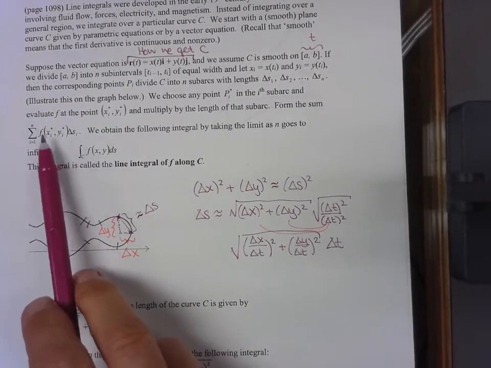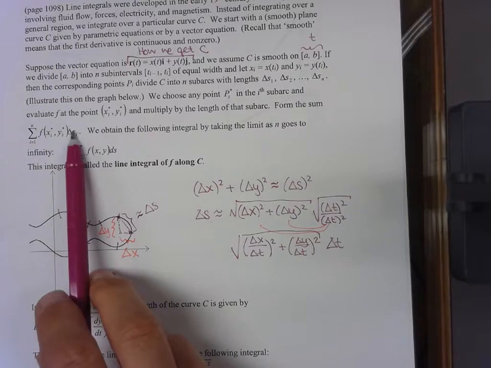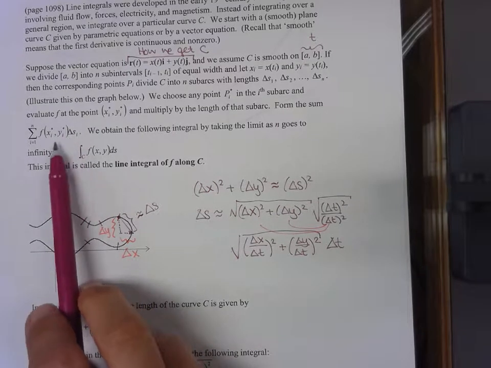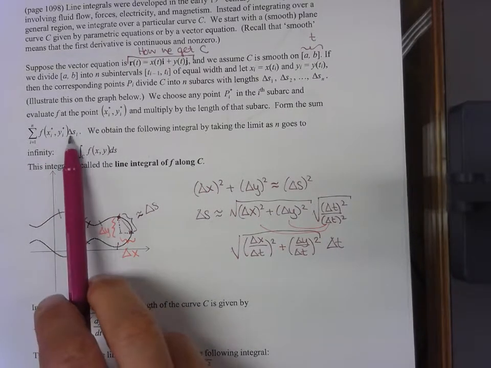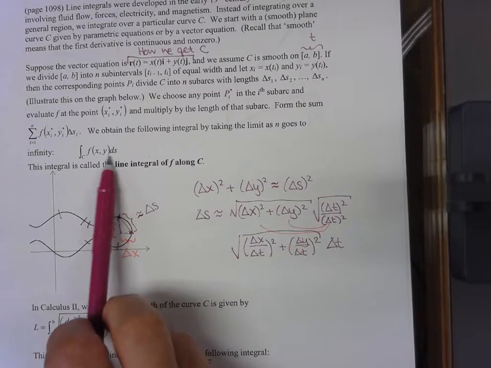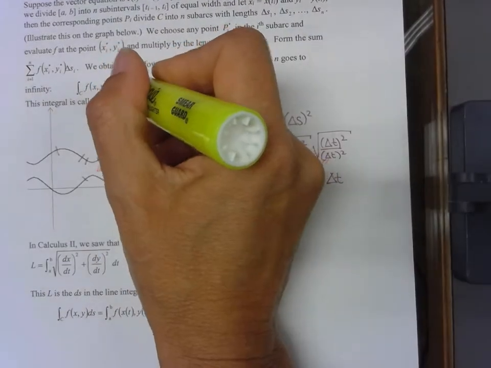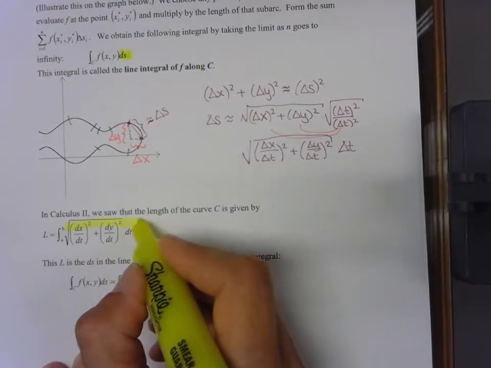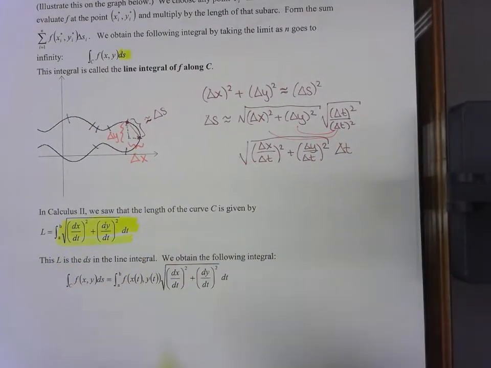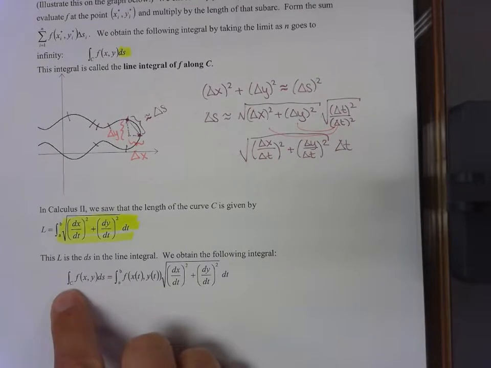And so this was the sum. We did the height and the length for each little subarc. Take the limit, you add them all together, and the delta S turns into ds. And so what I just did was show you that the ds is what calculates arc length. So when we go to do the entire line integral, we're integrating over a curve.